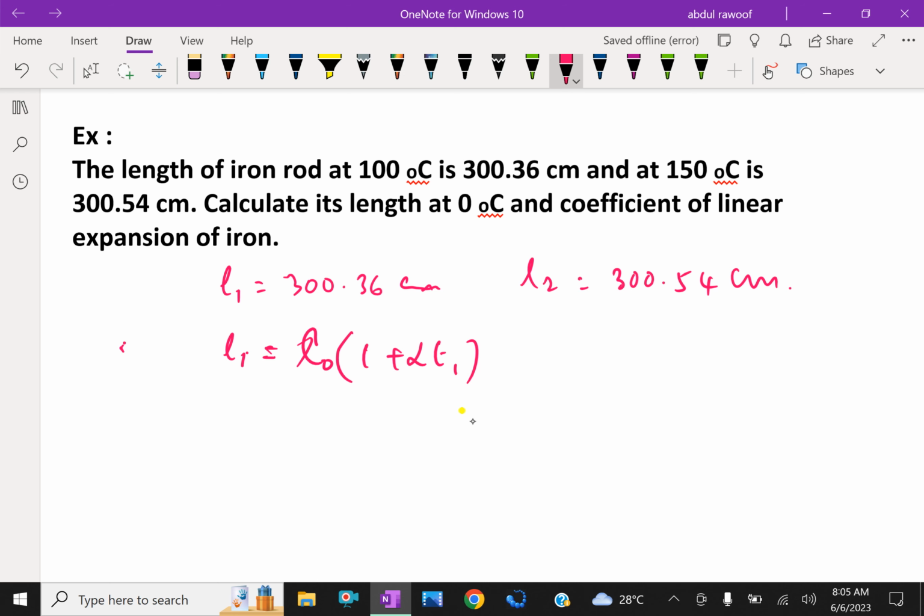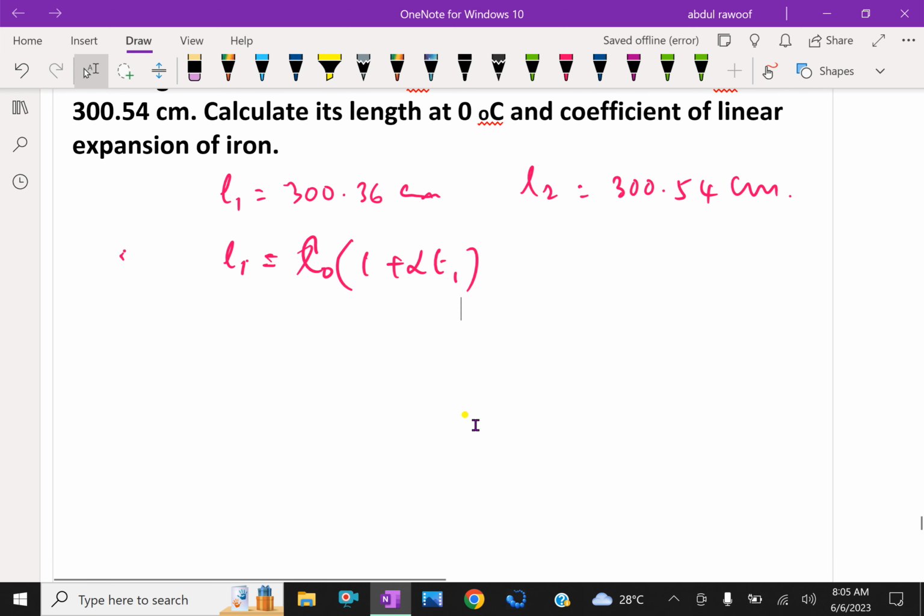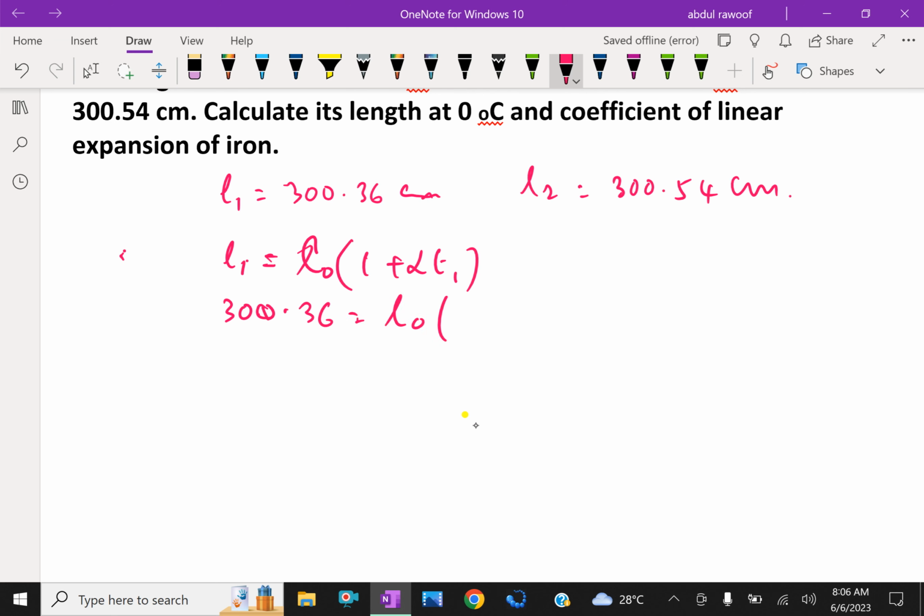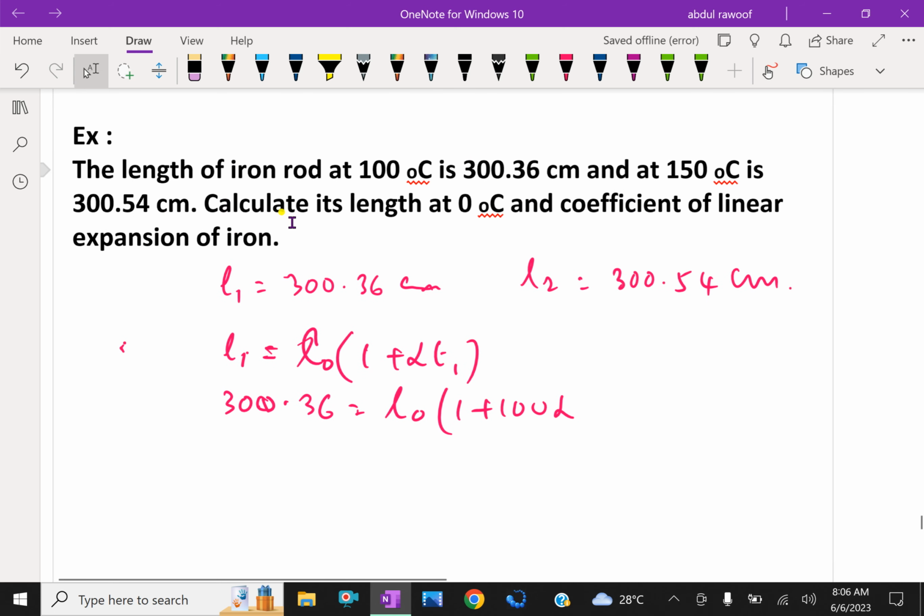Now we put the values: 300.36 equals L0 into 1 plus 100 alpha, because T1 is 100, initially at 100 degrees Celsius.